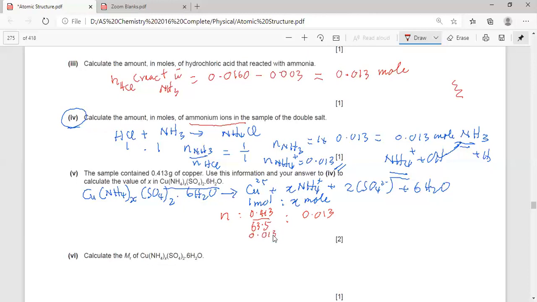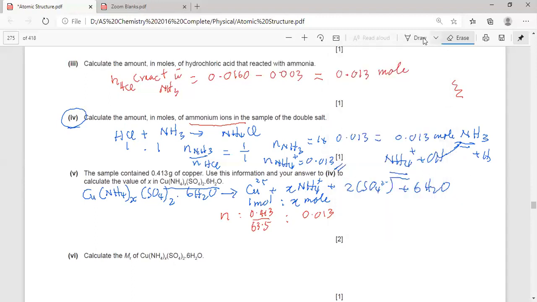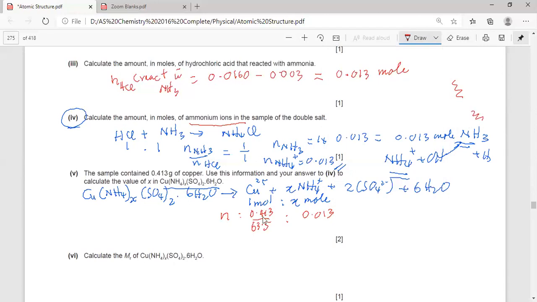Okay, let's go here again. The number of moles of copper I found to be 0.0065.